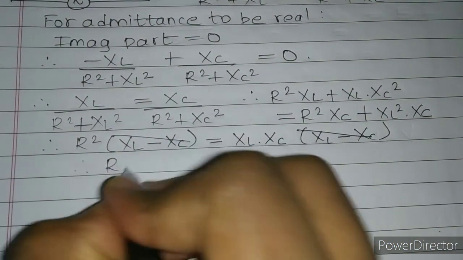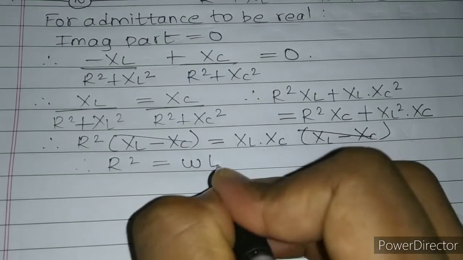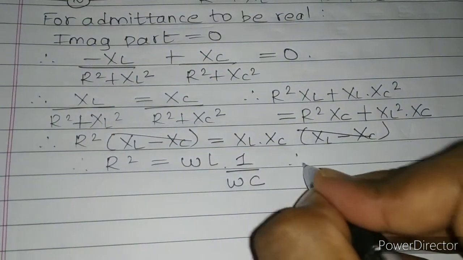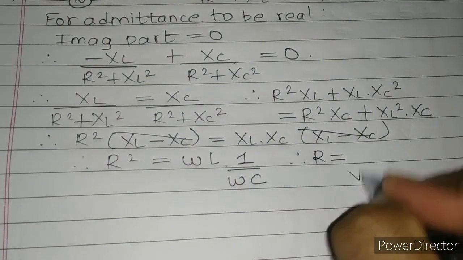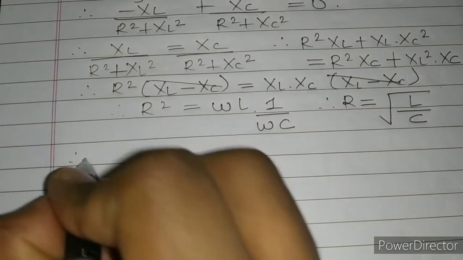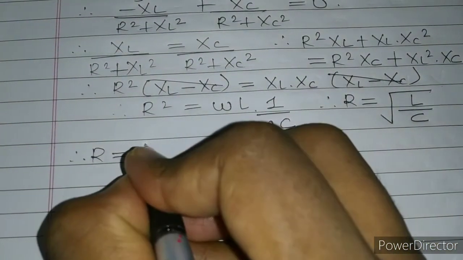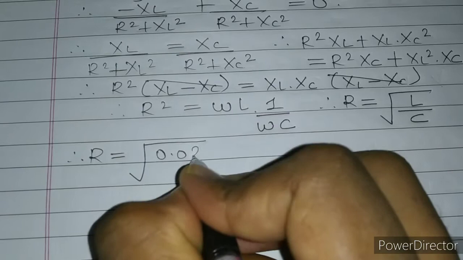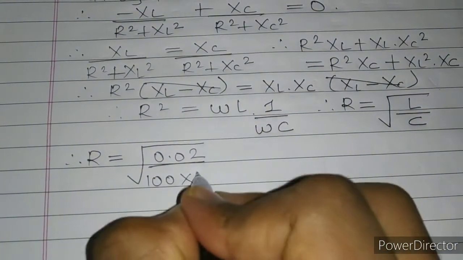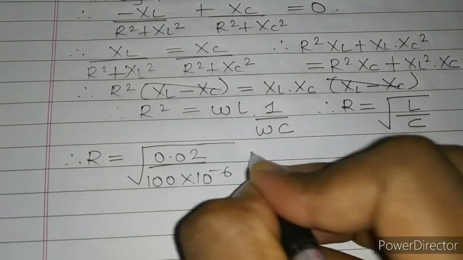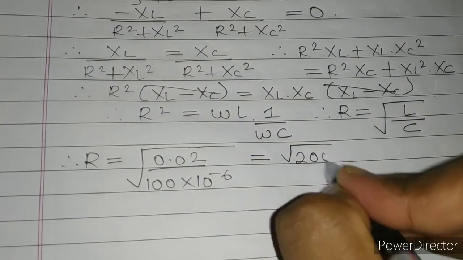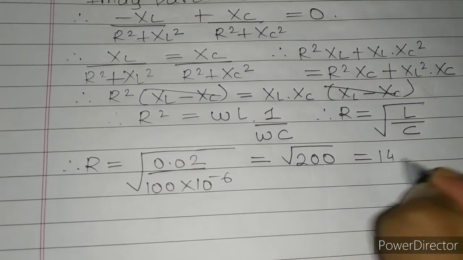Therefore R square is equal to omega L into 1 upon omega C. Therefore R is equal to root of L by C. Therefore R is equal to root of 0.02 divided by 100 into 10 raised to minus 6, which is equal to root of 200, which is 14.14 ohms.